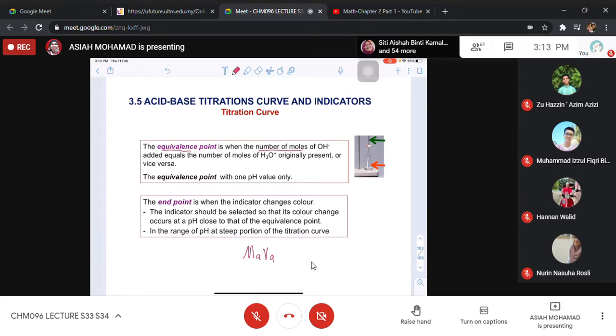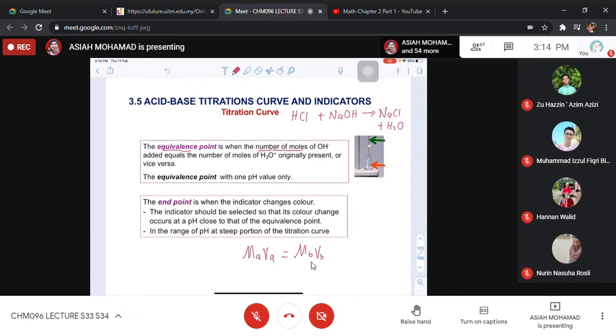For any, let's say, one-to-one coefficient, HCl plus NaOH for example, producing salt and water, the coefficient is 1-to-1. So from MAVA over MBVB equals A over B, we can get this formula.